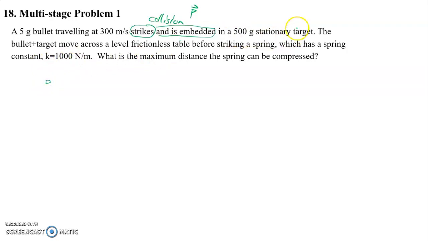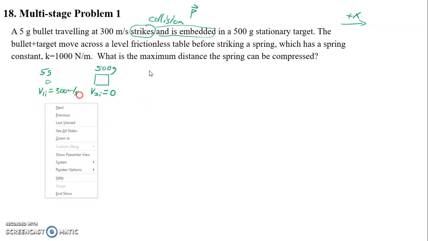Let's say to the right is our positive x direction, and we've got our 5-gram bullet moving along, and we'll call this initial velocity 300 meters per second, and we've got the block, which is 500 grams, and its initial velocity is 0. Well, that's our initial state.